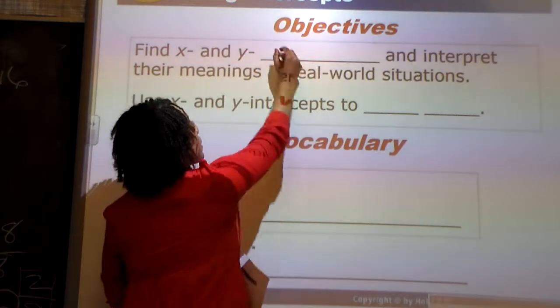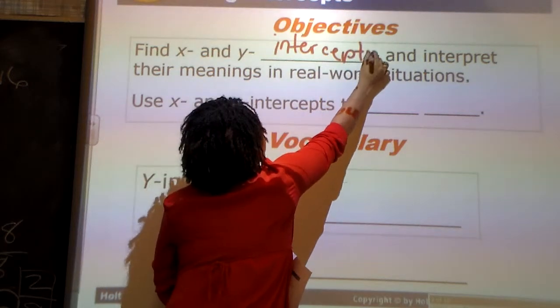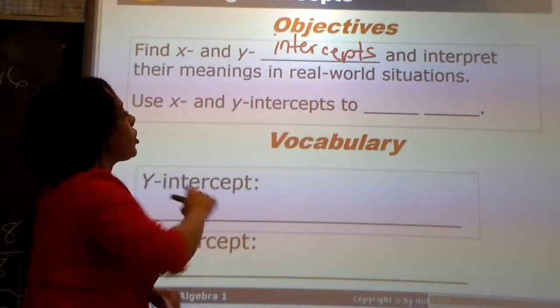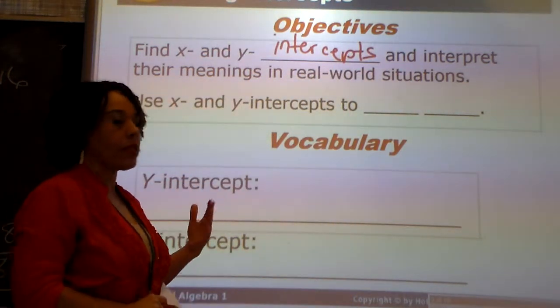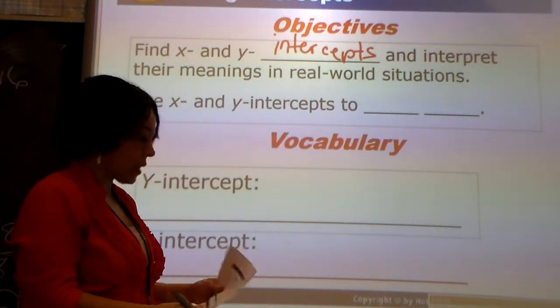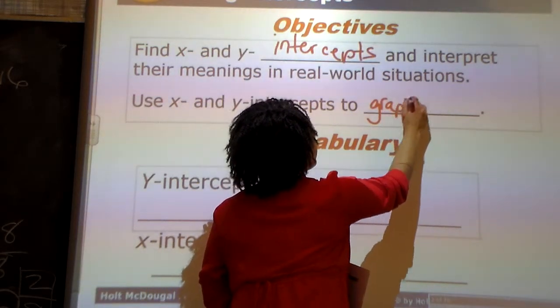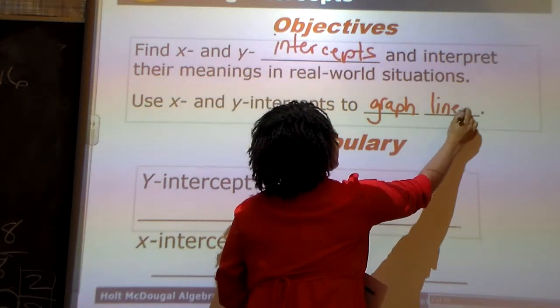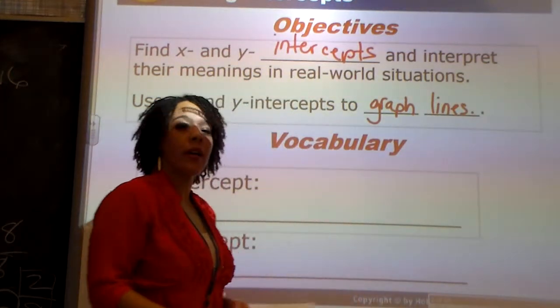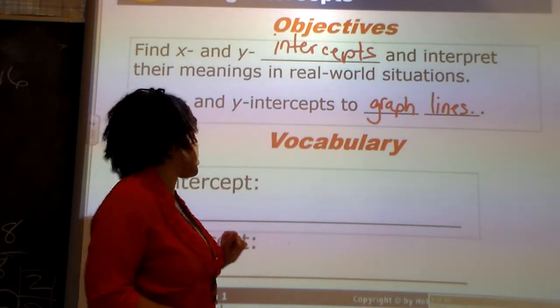So this fill in here is the word intercepts. And interpret their meaning in real-world situations. Use x and y intercepts to, and here it says graph lines. So we're still talking about graphing like we were yesterday. However, this time we're graphing using an x-intercept and a y-intercept.